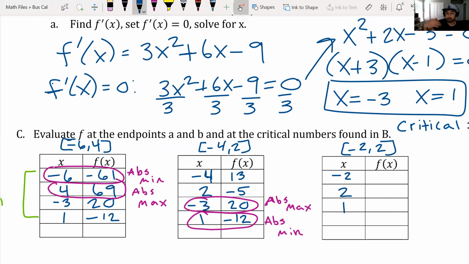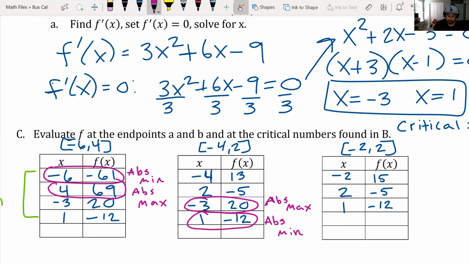Once again, plug these into the original function. -2, I get 15. 2, we get -5. 1, we get -12.